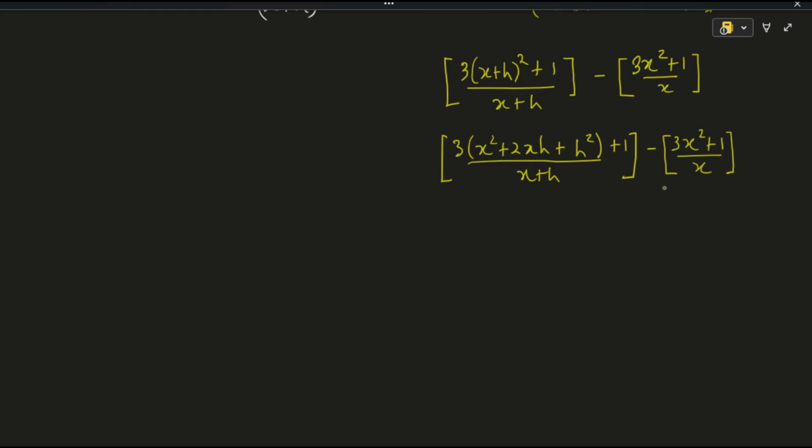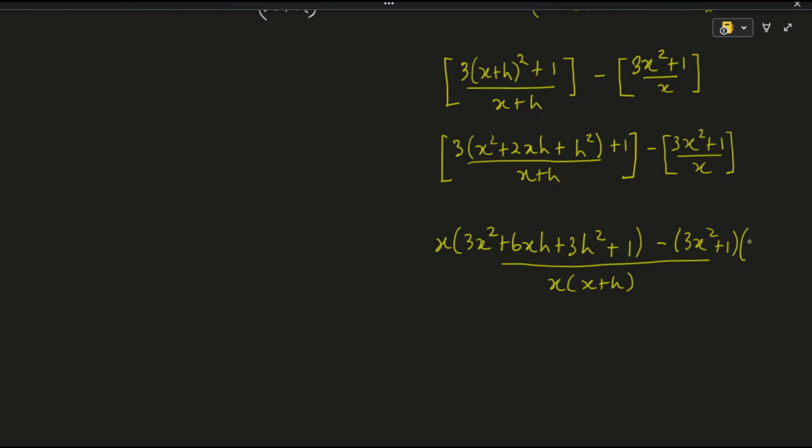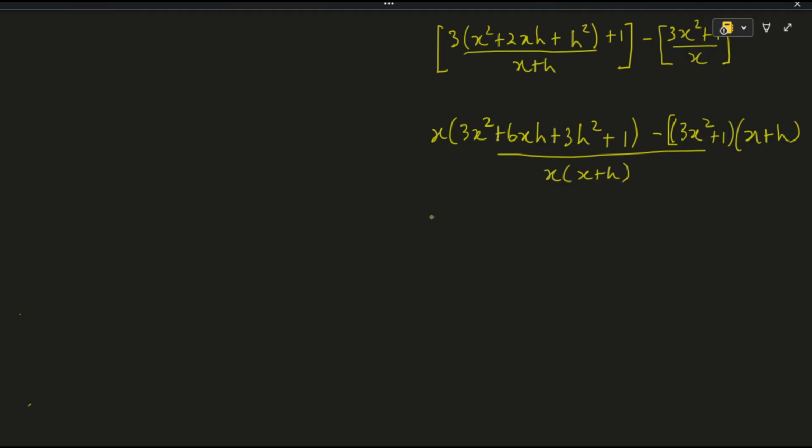So now here we're going to have as our common denominator the product of x and x plus h. So we're going to have this.